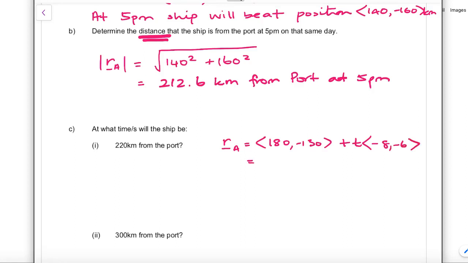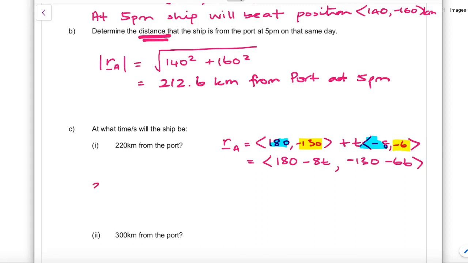I can actually simplify this a little further by putting my i components together and then my j components. So I can describe my i component as 180 take 8t, and then I could define my j component as -130 take 6t. That makes it a lot easier to write a vector for the displacement of this ship A.